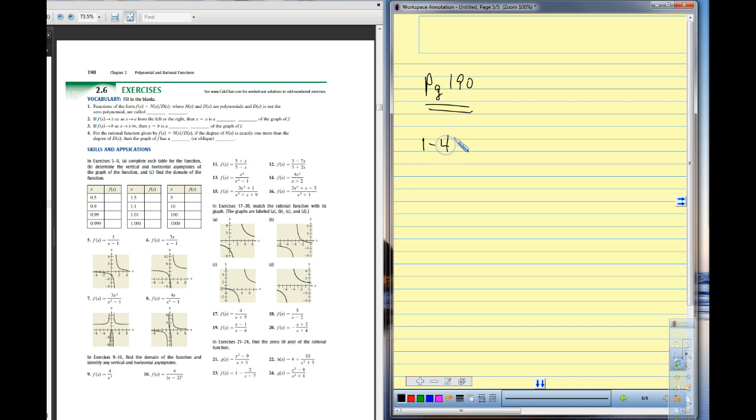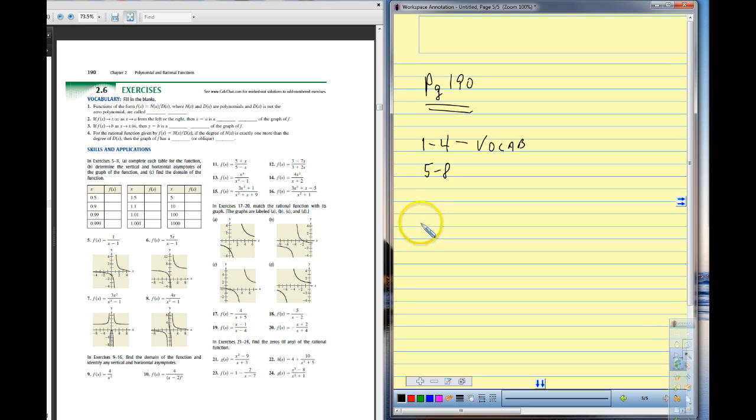I want you to concentrate on vocab. Next, I want you to use your calculator and do problems 5 to 8, plug and chug and fill out that table to start to get the feel for it.